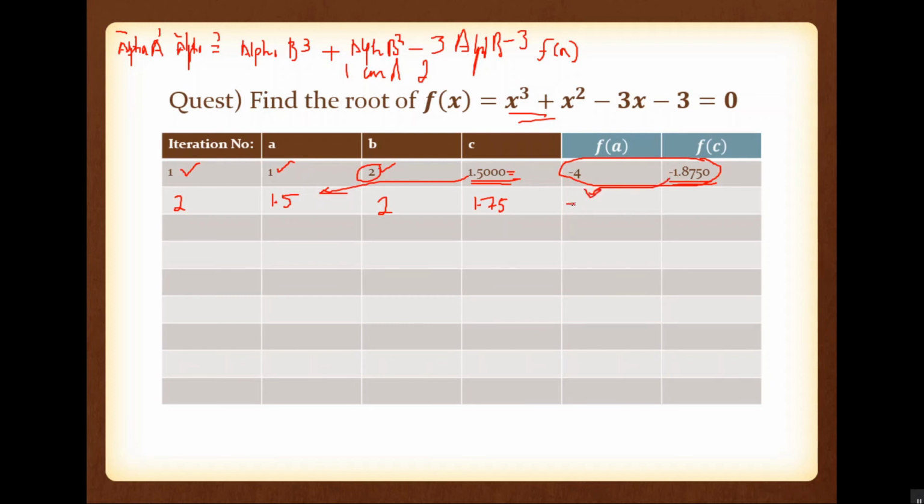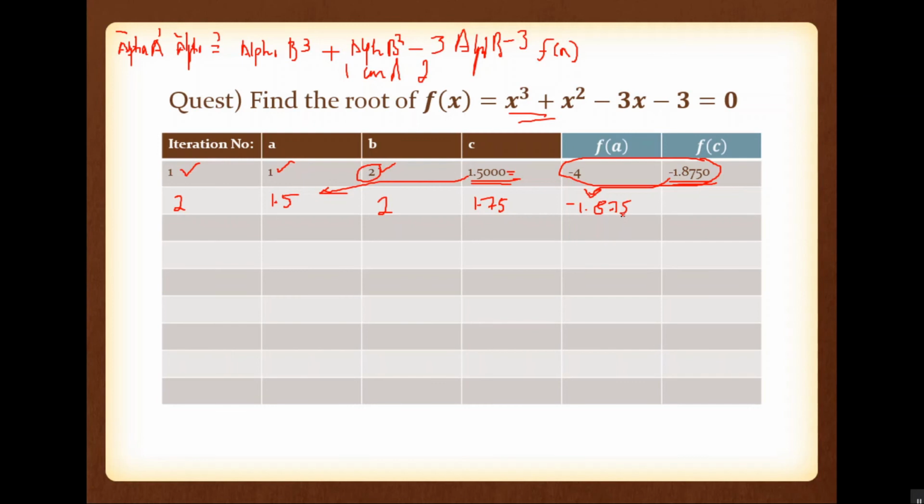So this f of a is minus 1.875. If you are unable to catch this, you can use a calculator. f of a is 1.5 cube plus 1.5 square minus 3 into 1.5 minus 3, that is equal to minus 1.875.